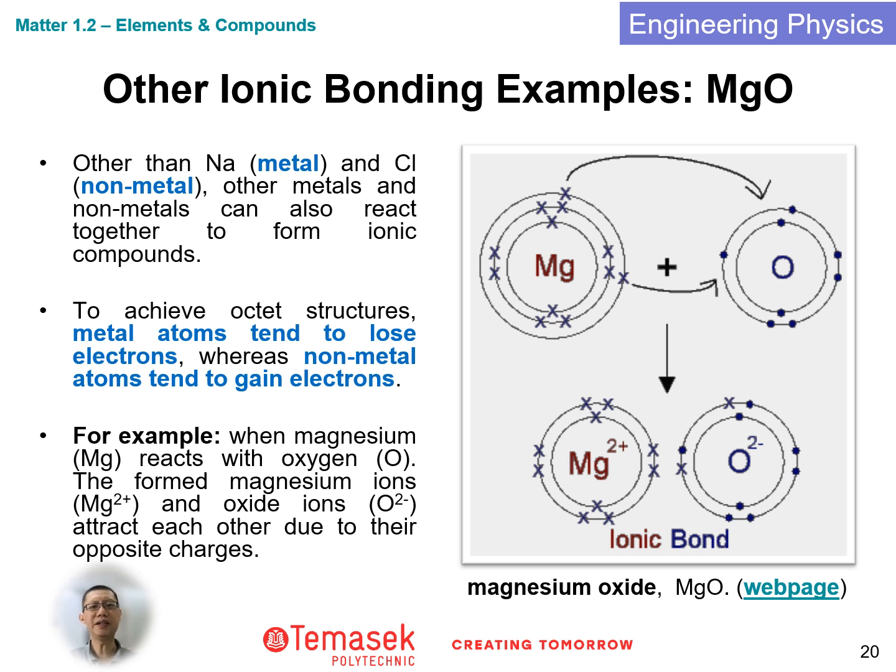Ionic bonding isn't limited to sodium and chlorine. To achieve octet structures, metal atoms tend to lose electrons, whereas non-metal atoms tend to gain electrons. For instance, magnesium, Mg, and oxygen, O, also form an ionic bond.